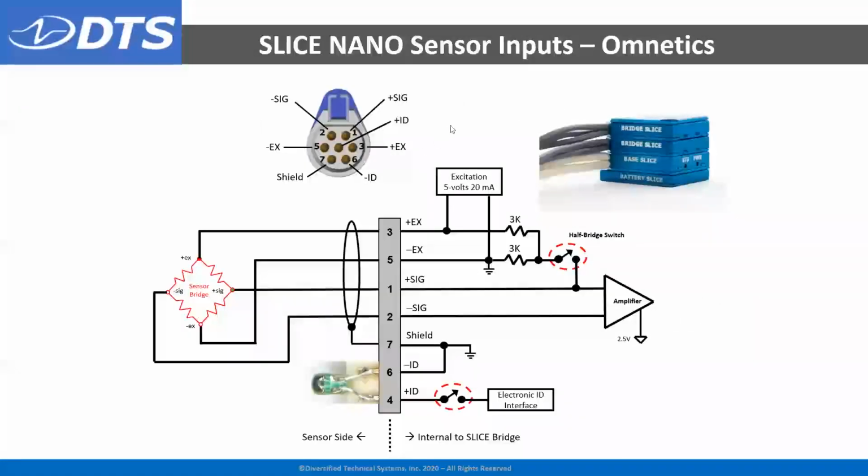The sensor interface that the user needs to deal with is typically depicted by a connector in the middle with pin numbers, where the sensor is connected on the left, perhaps the sensor ID chip, and then the immediate connections under the connector are shown there as excitation and amplifier and things like bridge completion.